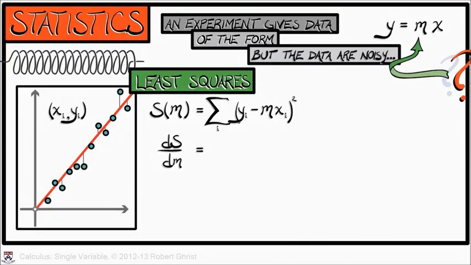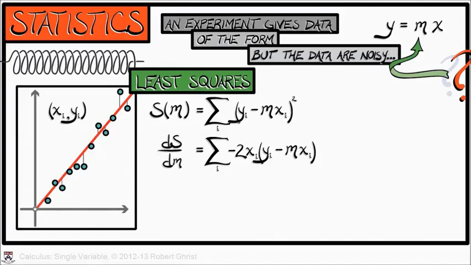Differentiation is linear, so we can pass the derivative inside the summation sign. Now, using the chain rule, what do we get? Well, we get twice quantity y sub i minus m times x sub i times the derivative of that quantity with respect to m. That derivative is negative x sub i.